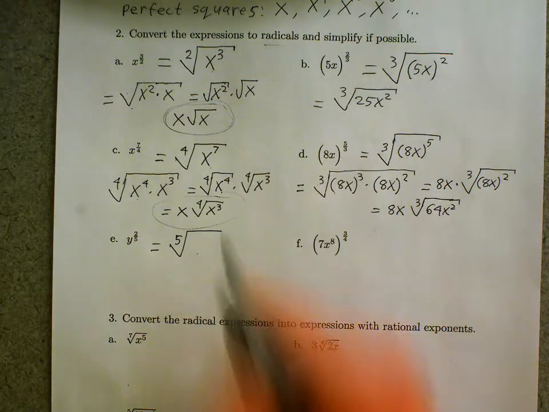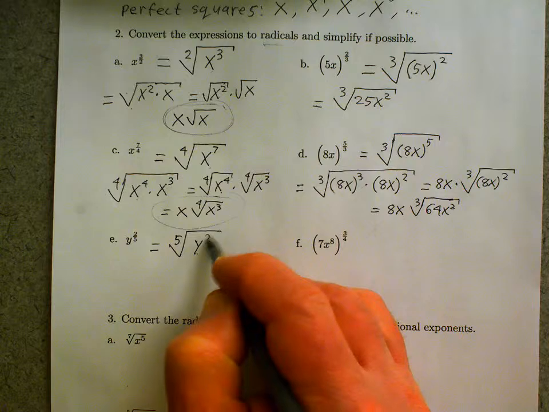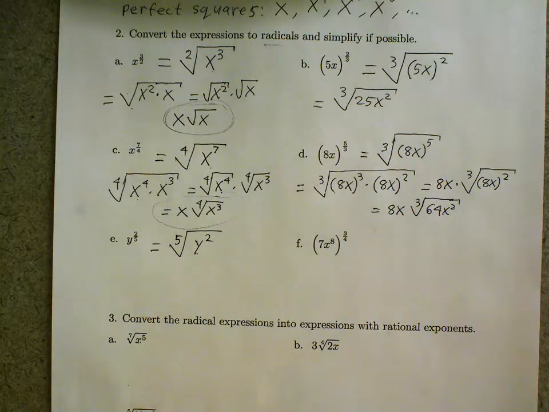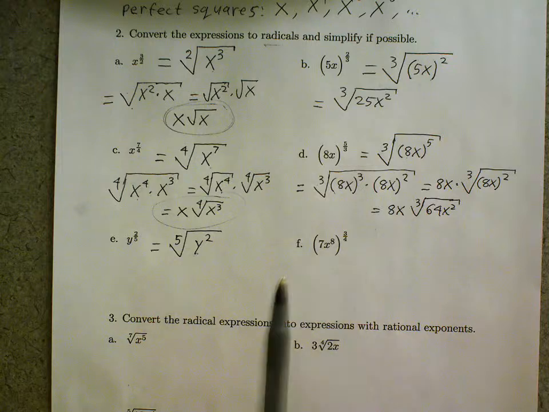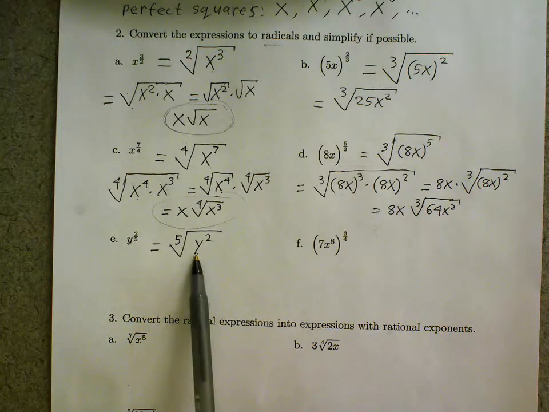And y to the 2nd is inside the radical. And this cannot be simplified any further because the largest factor of y to the 2nd that's a perfect 5th power is just 1. So this is as simplified as it can be.